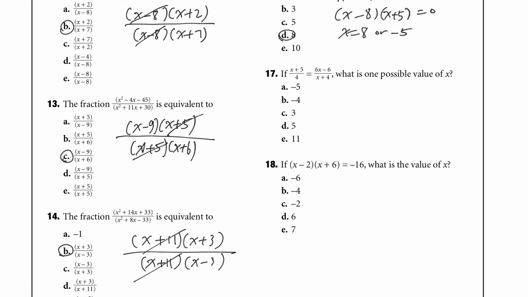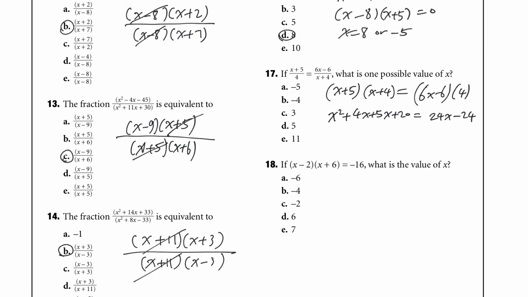If x plus 5 over 4 is equal to 6x minus 6 over x plus 4, what is one possible value? Okay, so this question I'm going to cross multiply. And like that, I'm going to expand the brackets. So you're going to get x squared plus 9x plus 20 is equal to 24x minus 24.